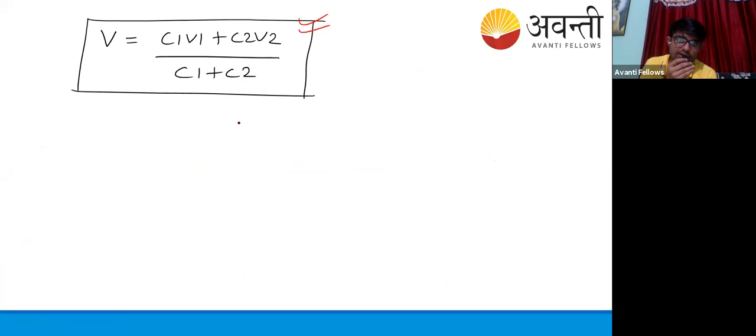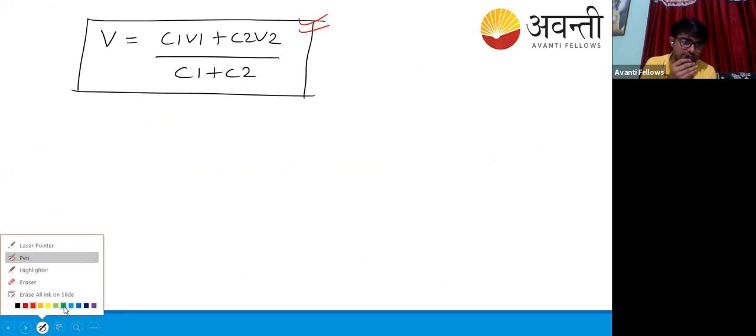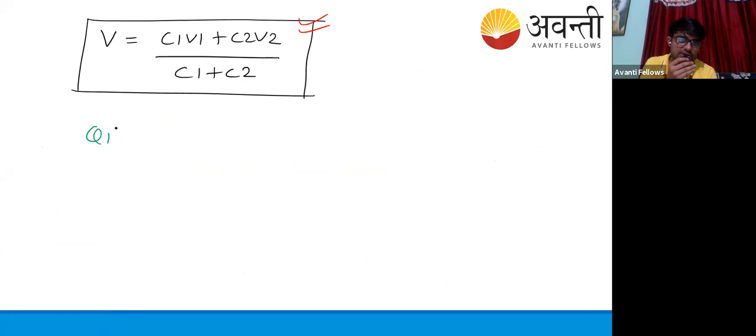Now I need to find Q1 dash. Remember, here again I will use the same formula, Q equals CV. If I have the capacitance and the potential difference, I can multiply both and get the charge.